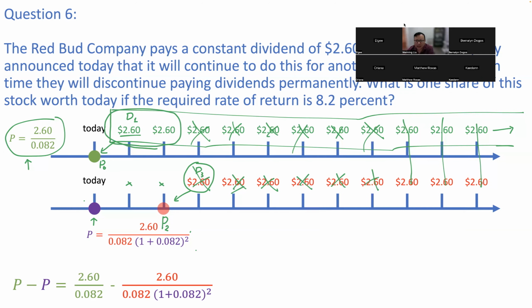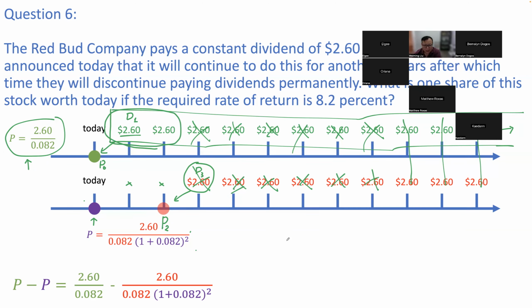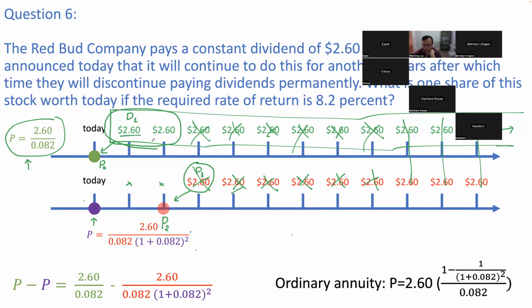It's interesting because you have to know that this is also an ordinary annuity, right? When you have 2 equal payments, that's also an ordinary annuity, and n equals 2. So then you can write down that formula.